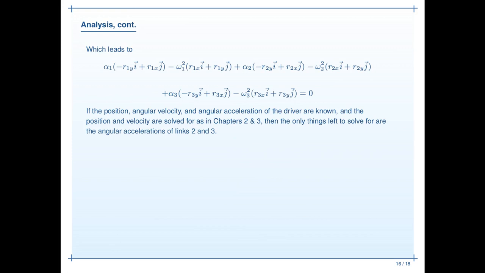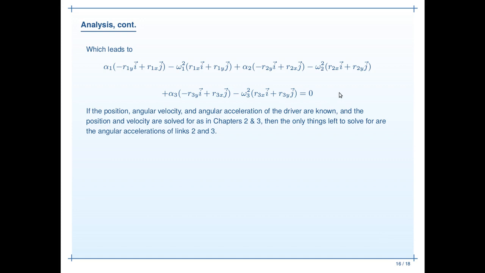So, we take that gigantic long equation from a couple of slides ago and substitute in what we just did for the equations for alpha cross r and omega cross r, and we end up with this nice long equation. At this point, we have something that we can get hold of.